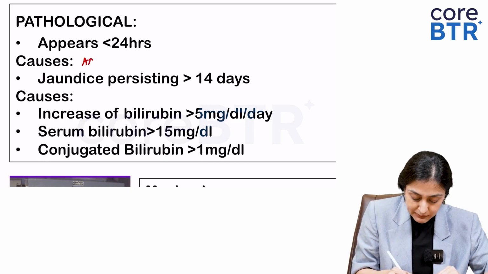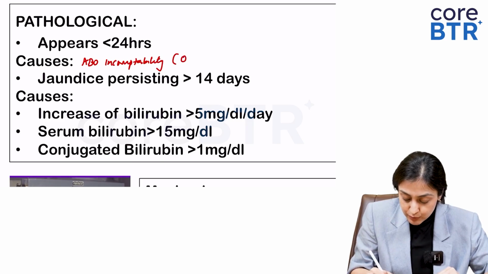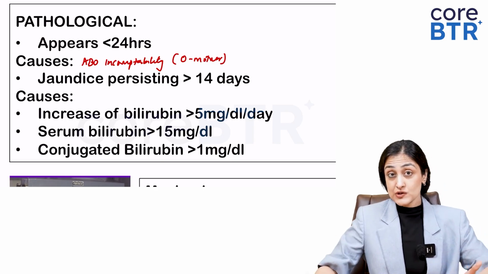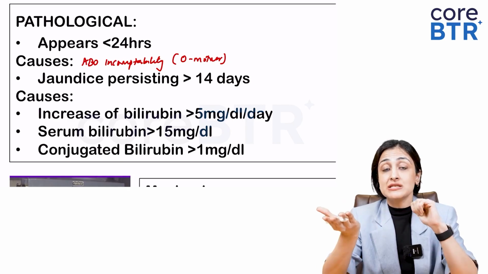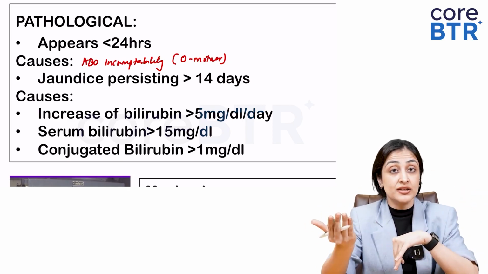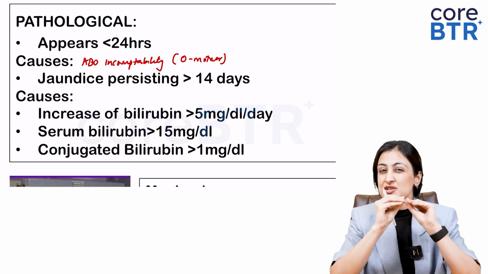Very important, ABO incompatibility. This is where in hemat we had learned, right, that if the mother's blood group is O, that is what predisposes to this condition, where O blood group is the only place where the antibodies can be IgM and IgG. Other antibodies are IgM usually. So this is where these IgG are small in amount.